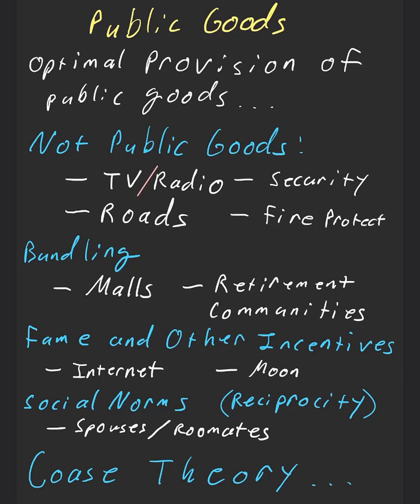Now, other types of things are closer to public goods but can still be provided through other ways. An example of this is bundling, right? So a road has, I got roads on the brain. A mall, for example, has a lot of things that look an awful lot like public goods, right?